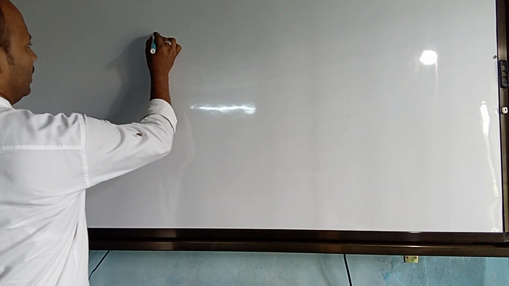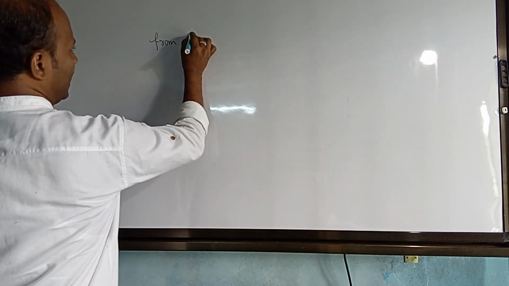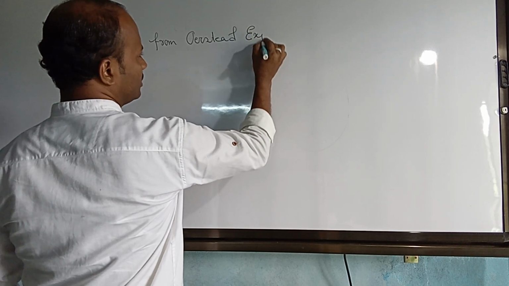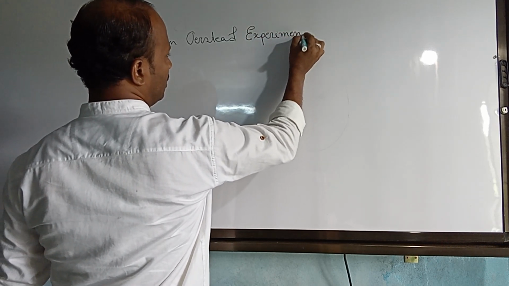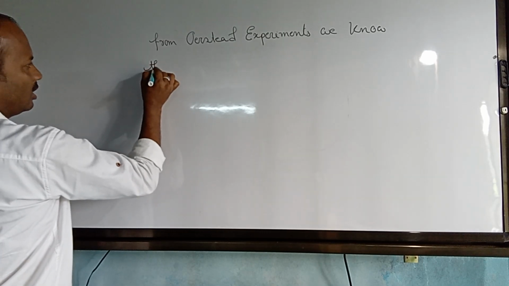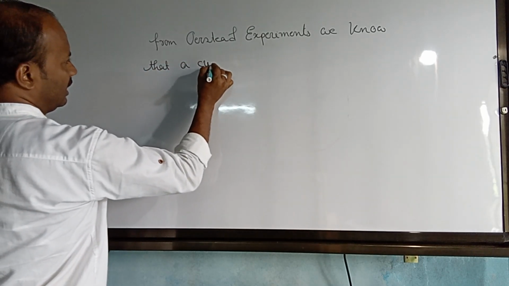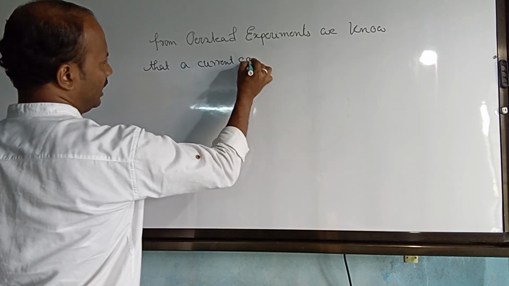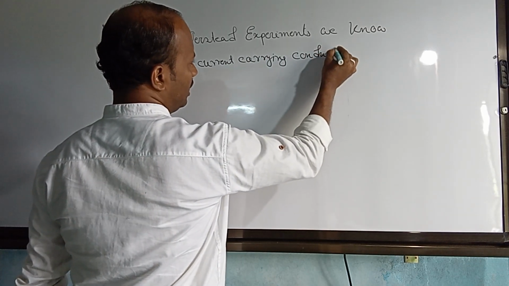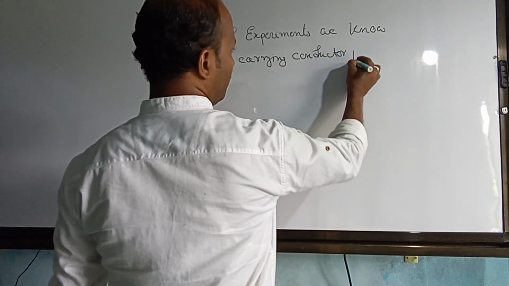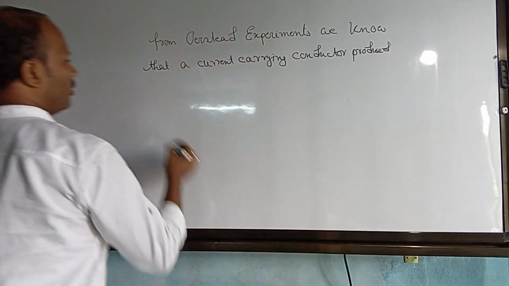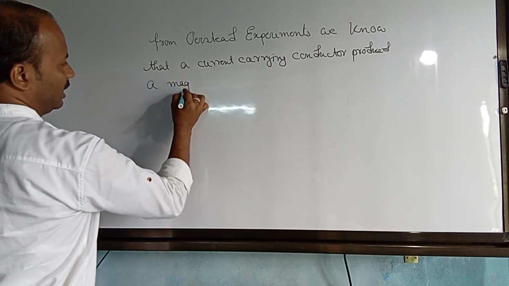So we get it that from Oersted's experiment, we know that a current carrying conductor produces or forms a magnetic field.